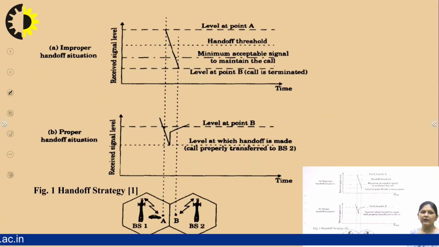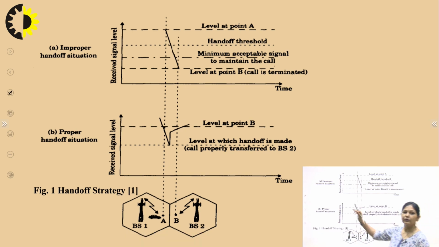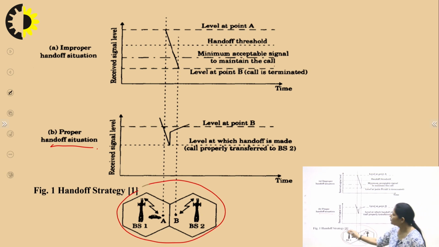I will explain this with the help of this diagram. You can see here two situations: one is the improper handoff situation, another is the proper handoff situation. In this scenario we have two cells with base station 1 and base station 2, and a mobile user under the coverage of base station 1 who is moving from point A to point B. Point A is under the range of base station 1, whereas point B is under the control of base station 2.